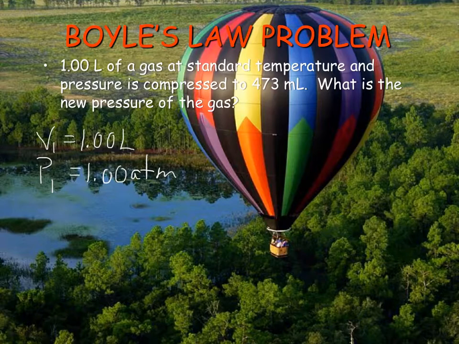You're going to come out with the same answer no matter which unit you use for your pressure, but it's easy to use atmospheres because it's 1. And then we are changing the volume. So V2 is 473 mL, but we need to have our labels in agreement. So I'm going to move my decimal point 3 places to the left and convert these milliliters to liters. So that's 0.473 liters. And the question is, what is the new pressure? So I'm solving for P2.